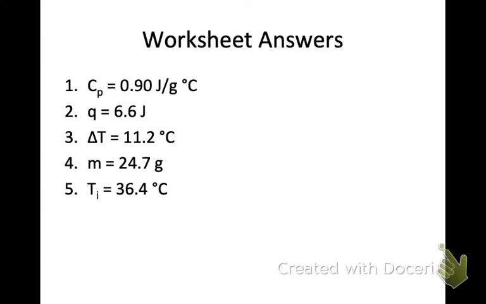For number 4, the setup for number 4, you had to use negative Q of the metal equals Q of the water. So you have to set up these two equations to equal each other.